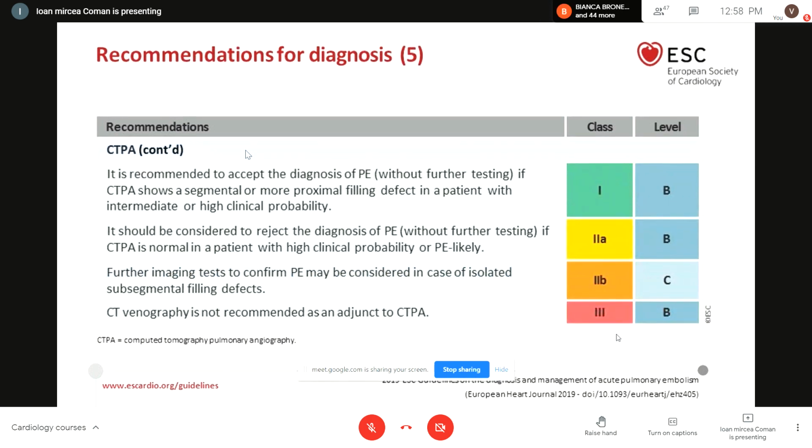Now, if the CT is showing segmental or more proximal filling defects in a patient, then the diagnosis is sure. There are also other conditions. We shall not stress on the 2A and 2B considerations.